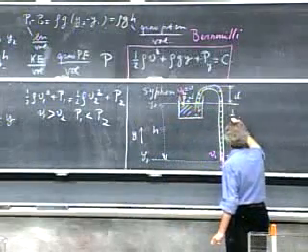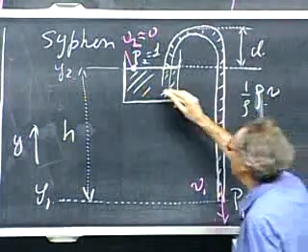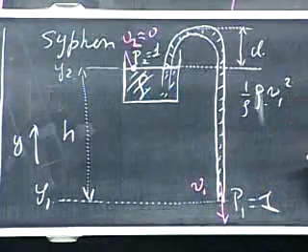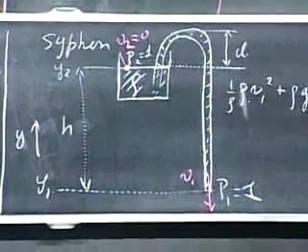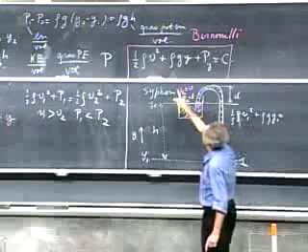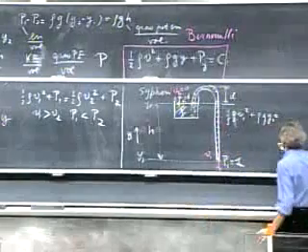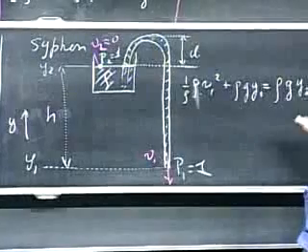So now I have that 1/2 rho, this is rho of the liquid, V1 squared, plus rho G times Y1, must be 1/2 rho V2 squared, but we agreed that that was 0, so I don't have that term. So I only have rho G Y2.